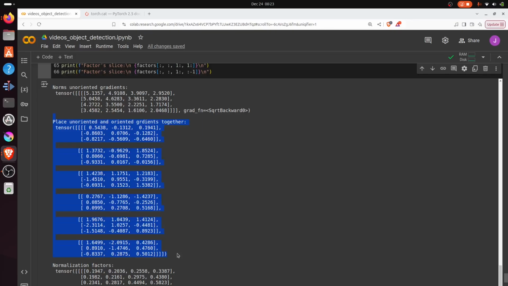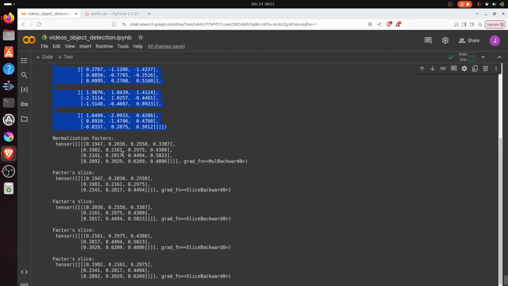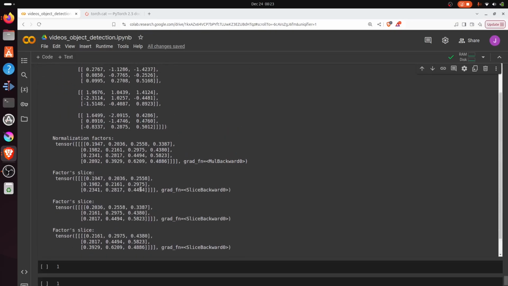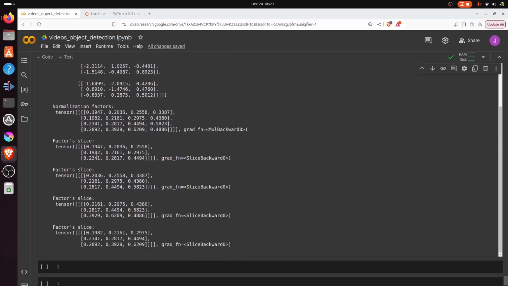Right now, if we multiply this factor slice by this entire cell, this entire placed unoriented and oriented gradients as they are right now, we're just going to get the contribution related to this upper left corner.